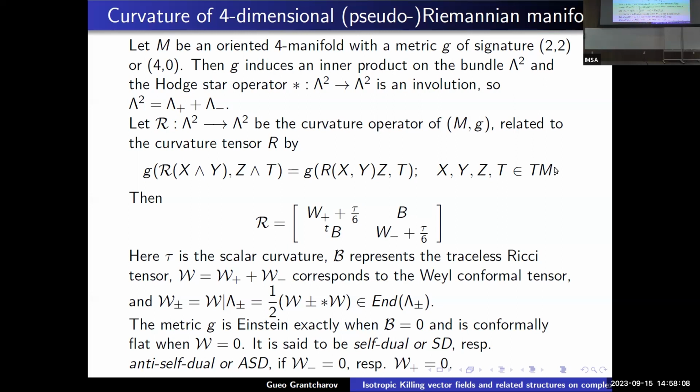These two parts, W plus and W minus, the sum of them corresponds to something called the conformal Weyl tensor. The vanishing of this is equivalent to conformal flatness. And of course, vanishing of each separately is like half conformal flatness. Instead of half conformal flat, one uses self-dual or anti-self-dual for these two. And these are the corresponding endomorphisms of Lambda plus or Lambda minus.